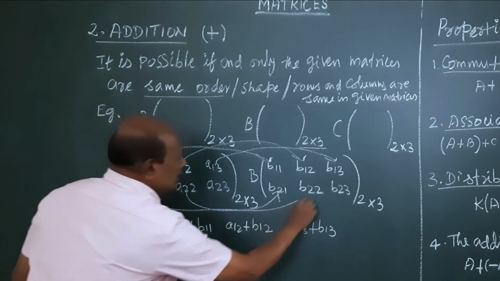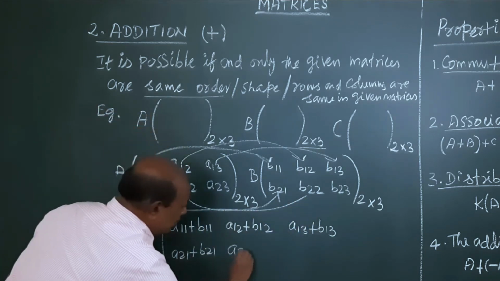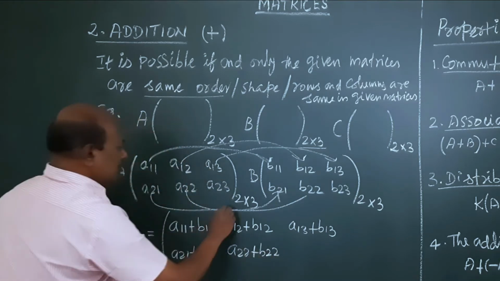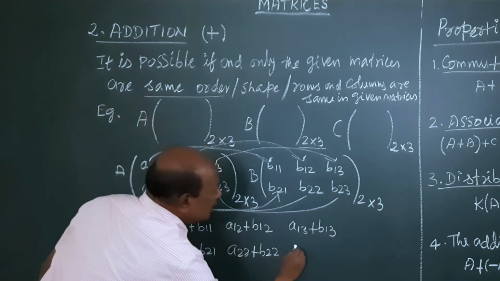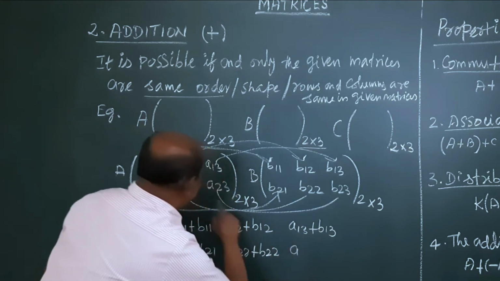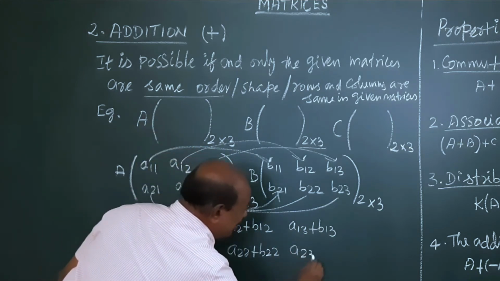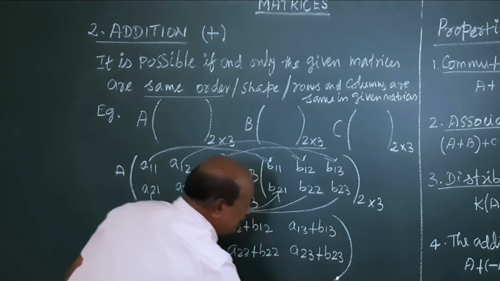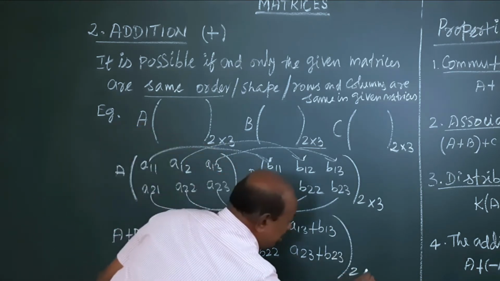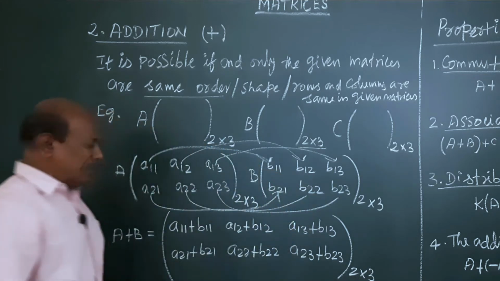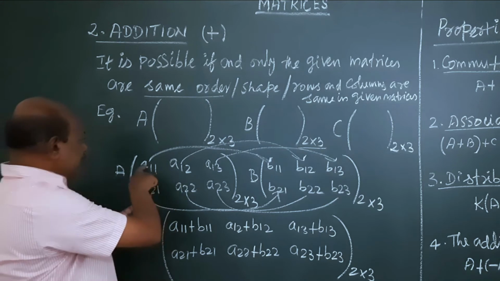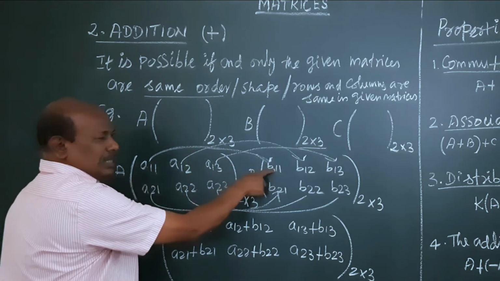Like that, A22 plus B22. Like that, A23 plus B23. Here it is a 2 by 3 matrix. That is the answer. Now, this element is added with this element.